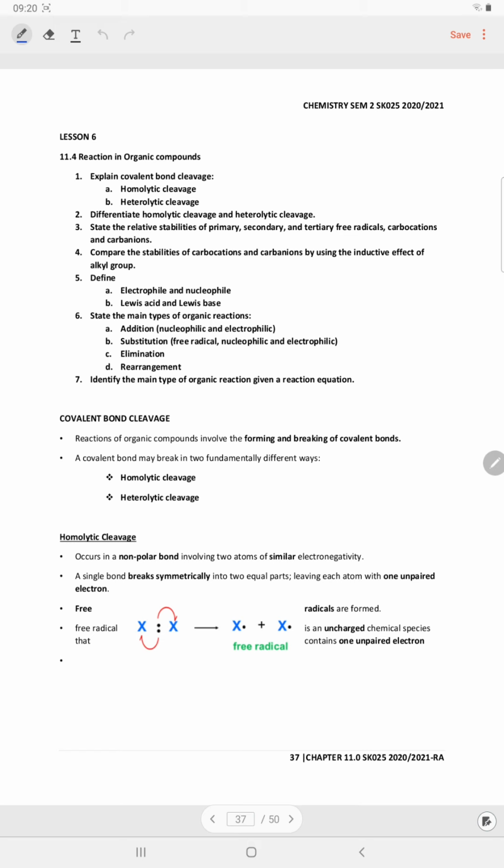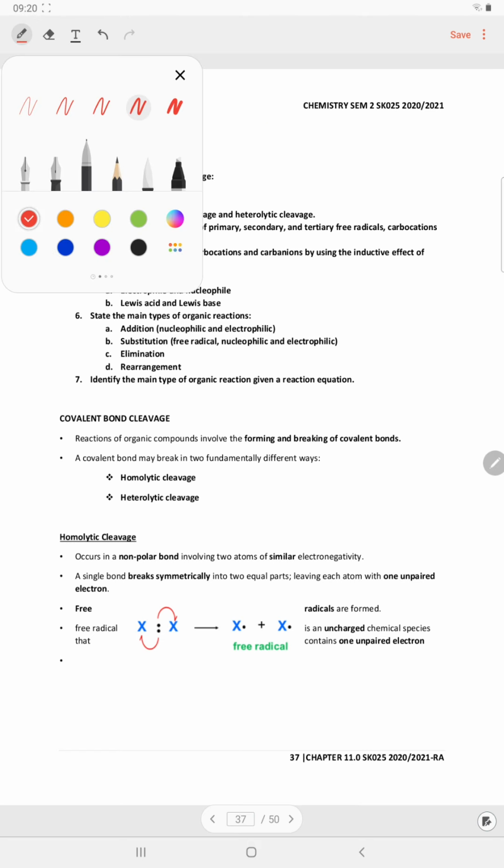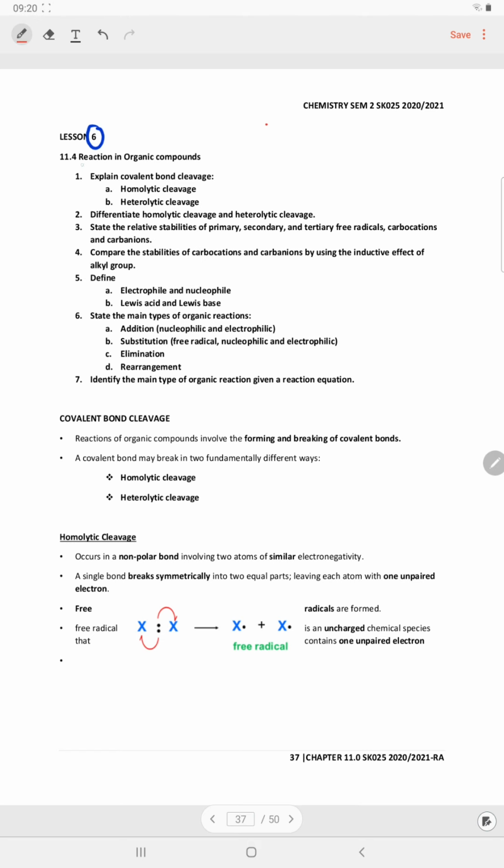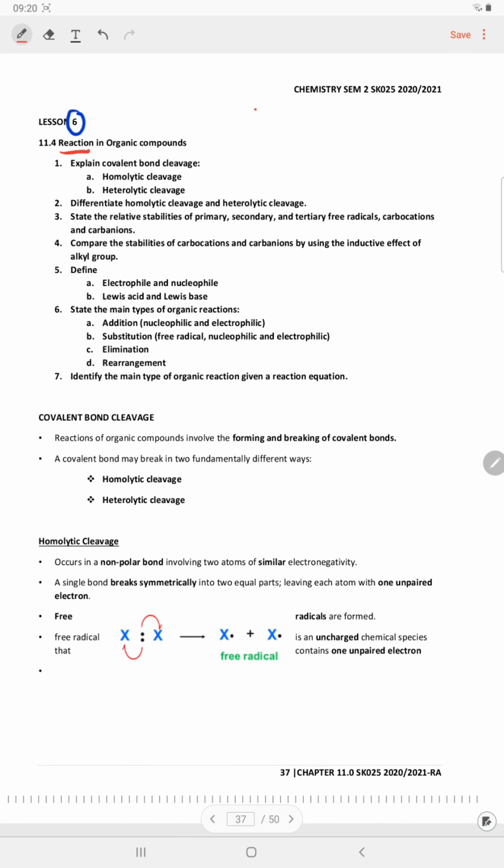Okay, now we focus on the aim of our lesson based on lesson 6. In lesson 6, we focus on the concept of reactions in organic compounds. This is the most important part of our lesson. A reaction is the process of covalent bond cleavage, either homolytic or heterolytic.